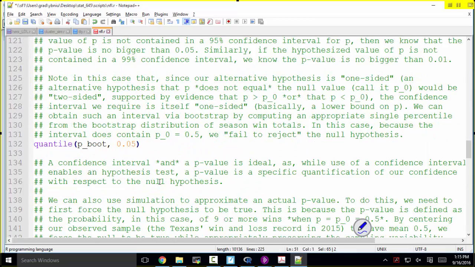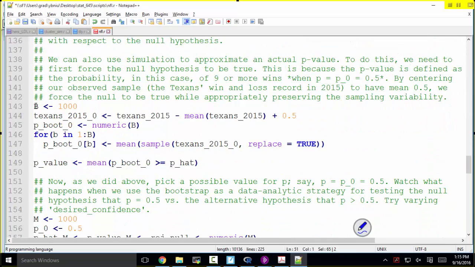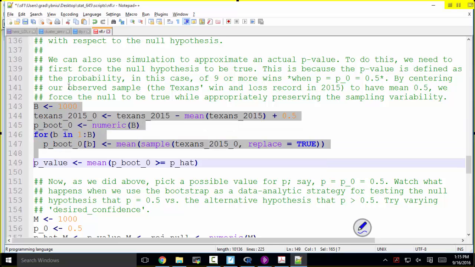Now let's do the resampling. So Texans 2015_0, ready to go. And I'm going to have this loop. Each time I'm sampling with replacement from the null transformed version of my data and computing p hat each time. So let's run this.